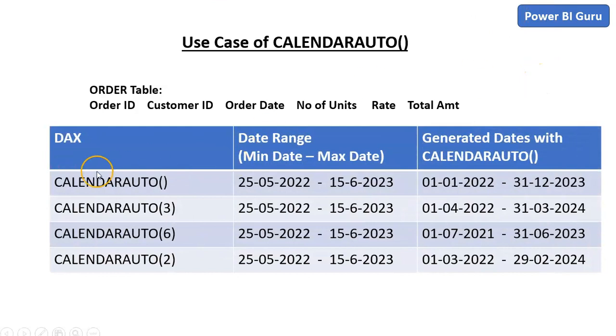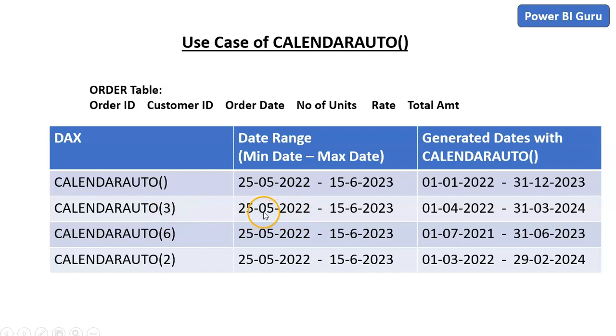We can see here, if we pass the DAX query like CALENDARAUTO without any fiscal year month number, then it will generate the dates from 2022 to 2023. It will start from 1st of January 2022 and end on 31st of December 2023. If we give one parameter, that is 3, it will start from April.